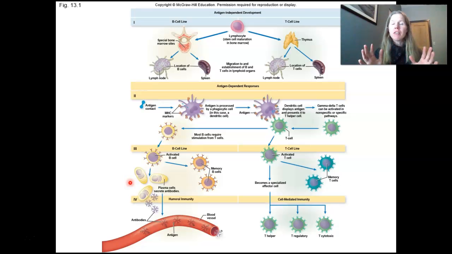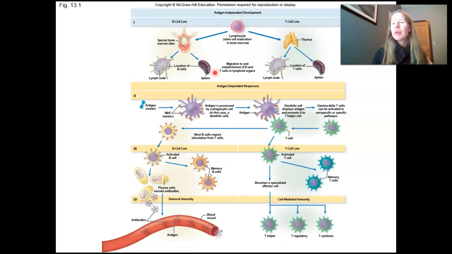This is just a fancy B lymphocyte capable of producing antibodies. Those antibodies are basically free proteins. They look just like the antigen receptor, but now they're going to circulate in the blood. And when they find the antigen, which is on the microbe, the pathogen, then they can attack it.